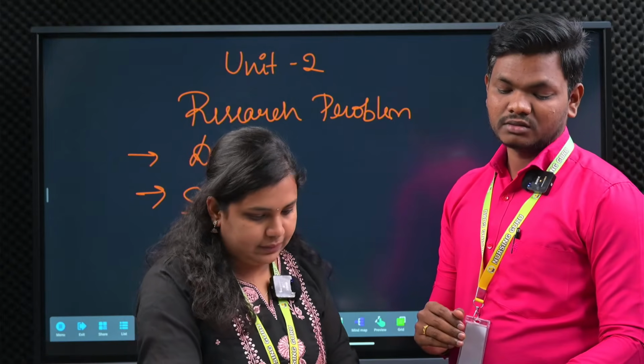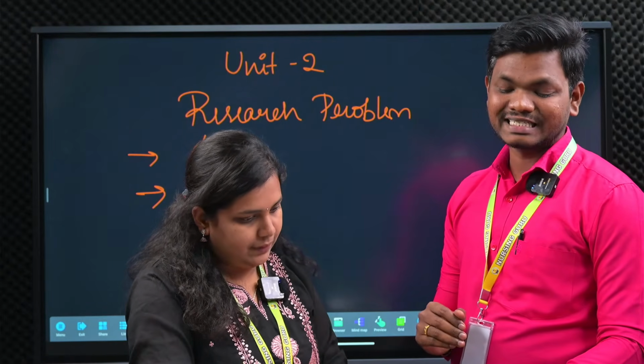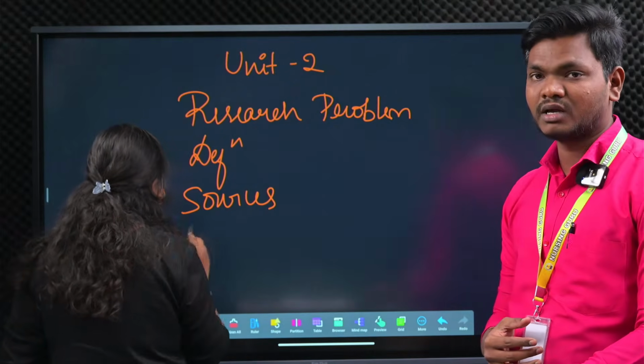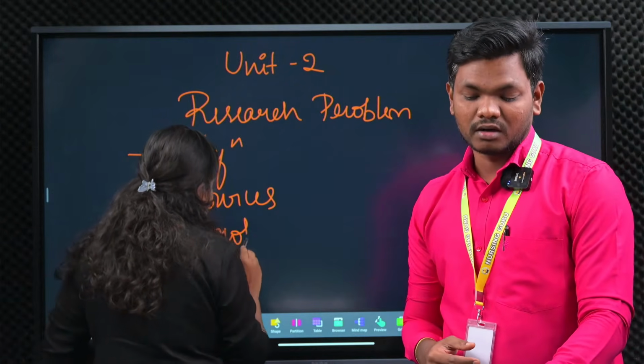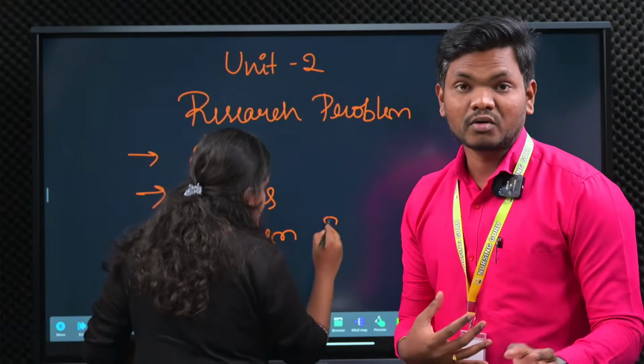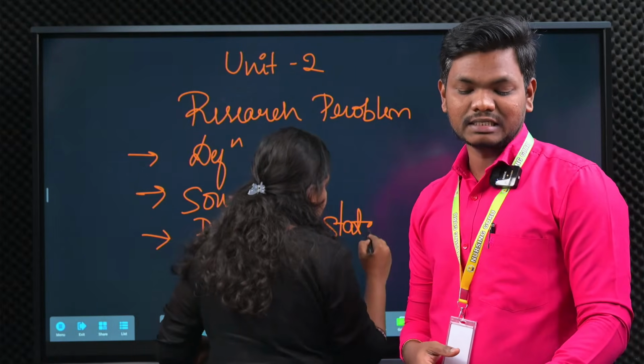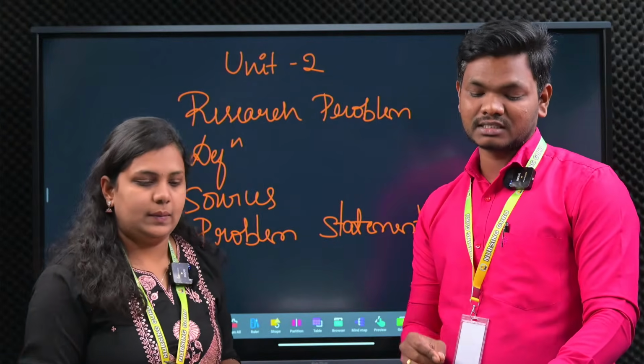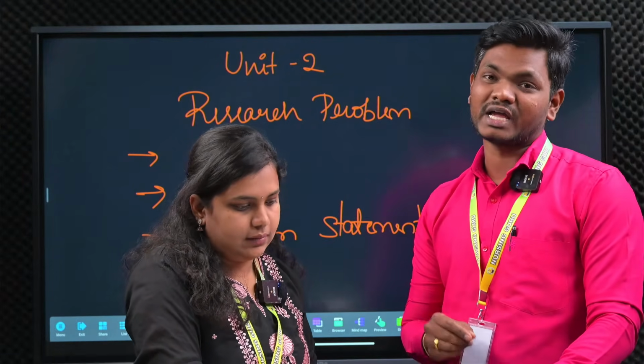Okay, so again in this unit, the research statement, that is the problem statement, is one of the important topics, which will be focused on more. A problem statement is a clear, concise, and specific statement that describes a problem to investigate.